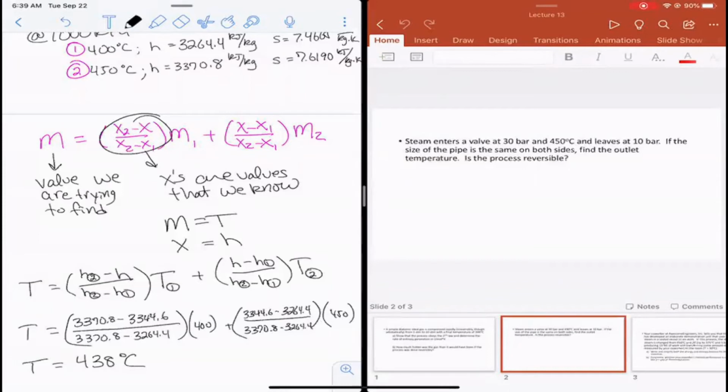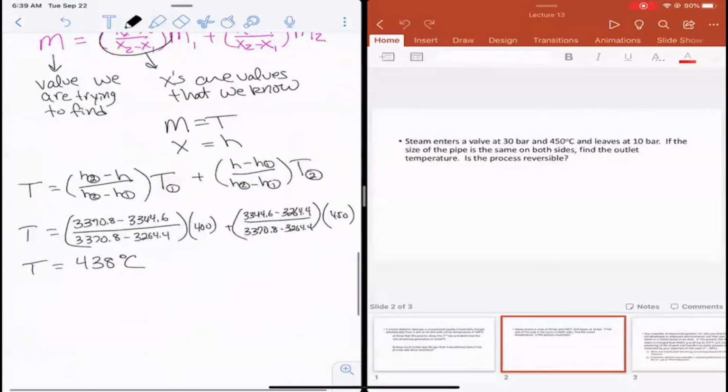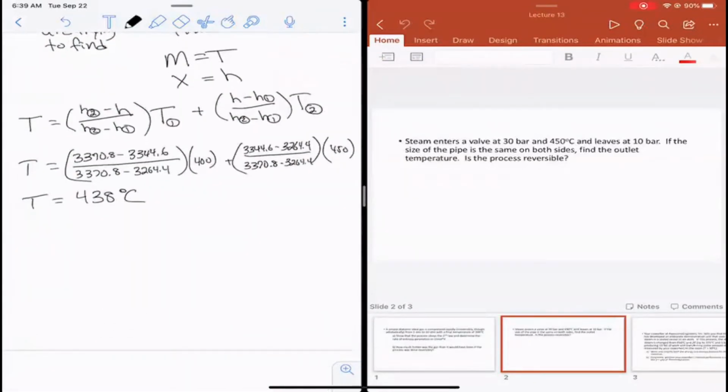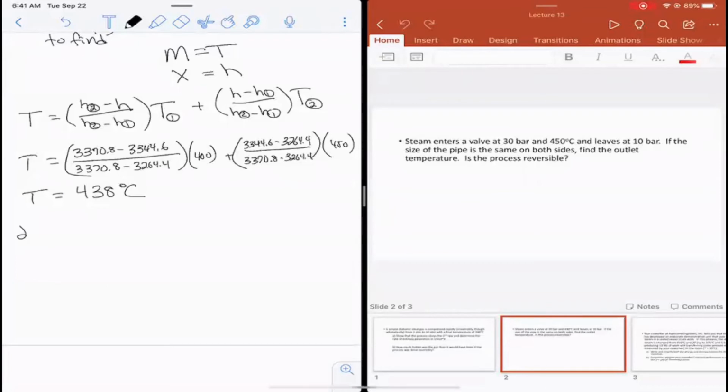Now, that doesn't really help us answer the final question. Is the process reversible? So we did find the temperature, but we didn't ask if the process is reversible or not. Now, if we look at our process and look at the entropy balance, which is dNs/dt plus the sum of the entropy that's leaving from mass flow minus the entropy that's entering from mass flow minus Q over T surroundings equals Sg.